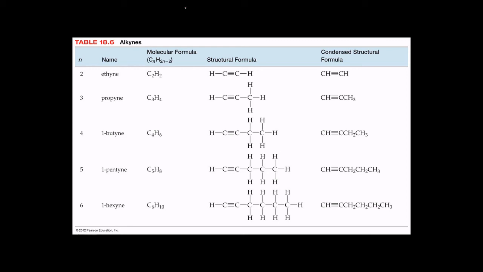So we have ethyne, propyne, 1-butyne, because we have that triple bond in the first one. It theoretically could have been between these two, which would have been 2-butyne. And I think that's also commonly called isobutane, but anyway. I'm going to call it 1-butyne, 1-pentyne, and 1-hexyne.